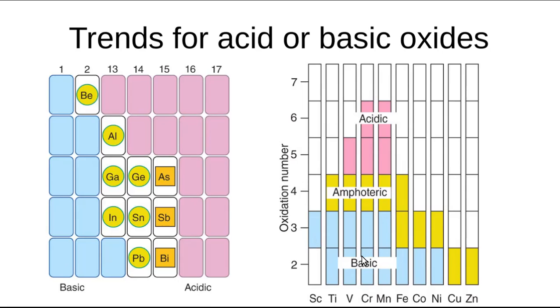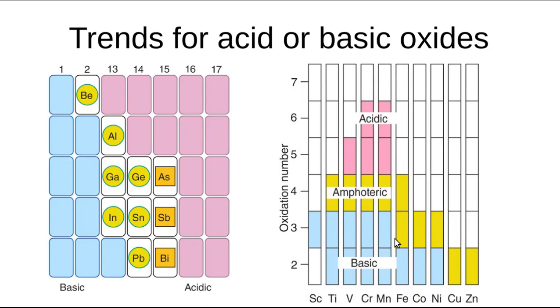But what happens in the center of the transition metals, where you can have some higher oxidation states? Increasing oxidation states means increasing the acid character of the cation in the oxide, if you see it as an ionic compound at least. And the high 5 and 6 and even higher oxidation states act as acidic oxides.